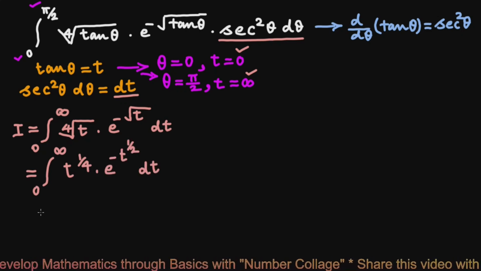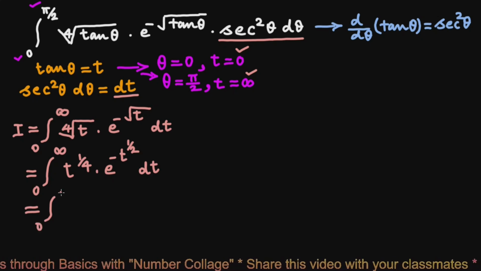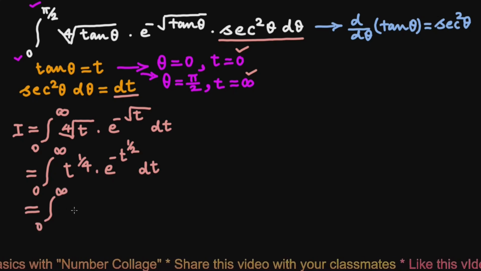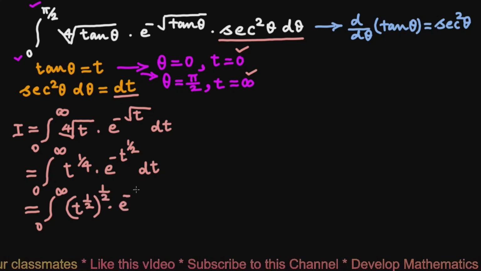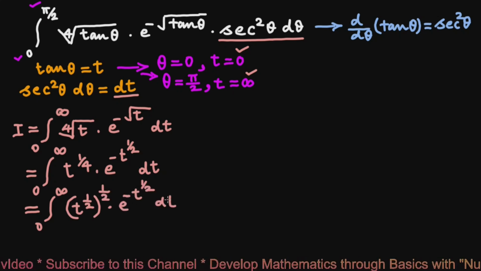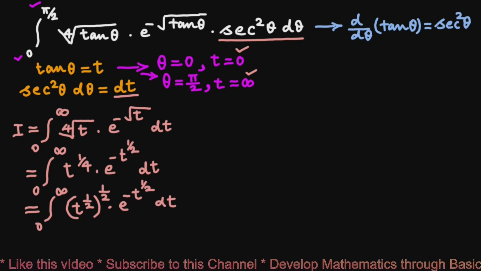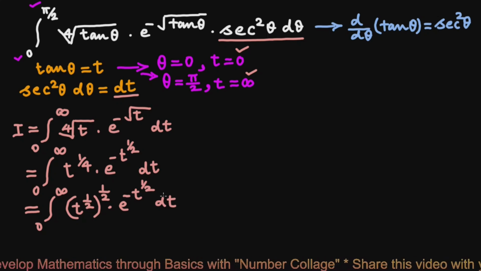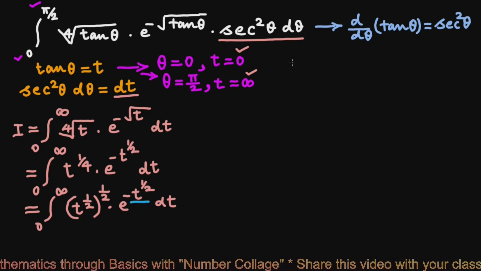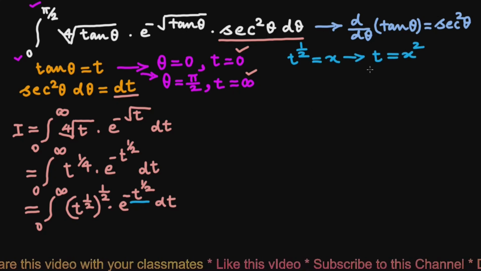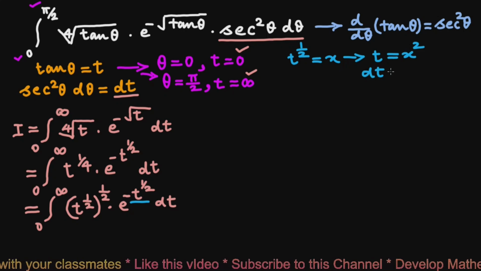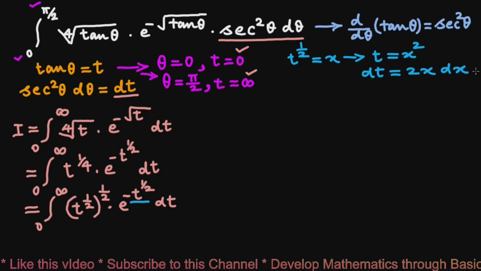Thus we will rewrite the integral from 0 to infinity t raised to 1/4, we write t raised to half into e raised to minus t raised to half dt. Now in order to solve this integral, we will substitute t raised to half equals x, so that t will be x square, and after differentiation dt will be 2x dx.